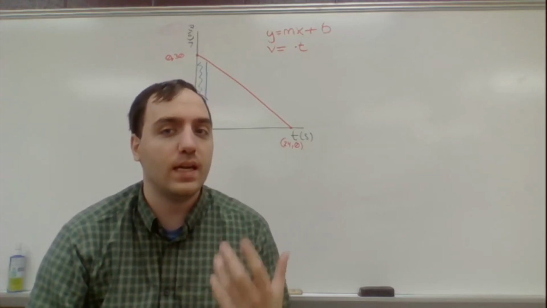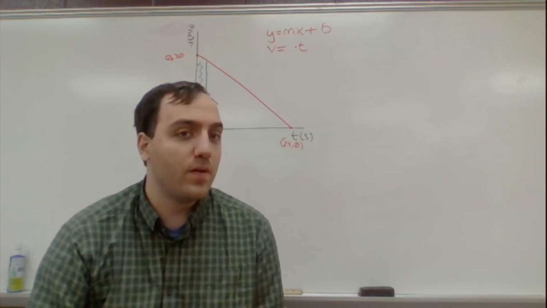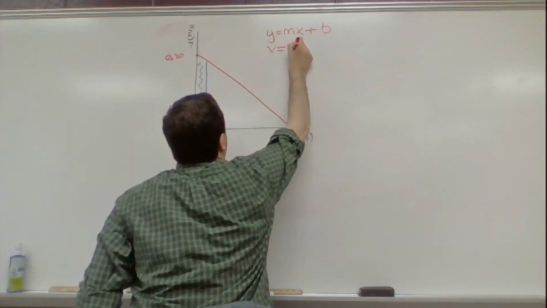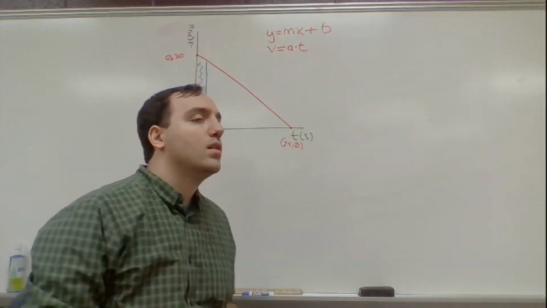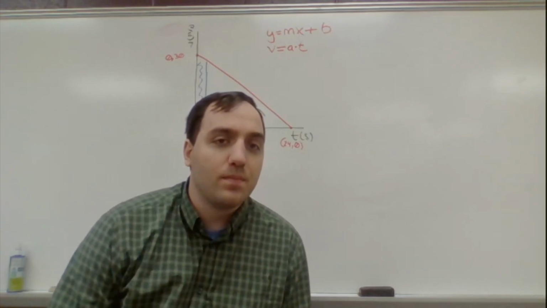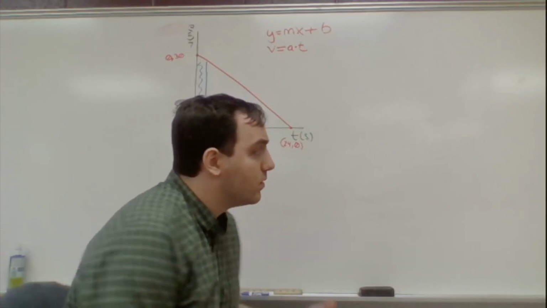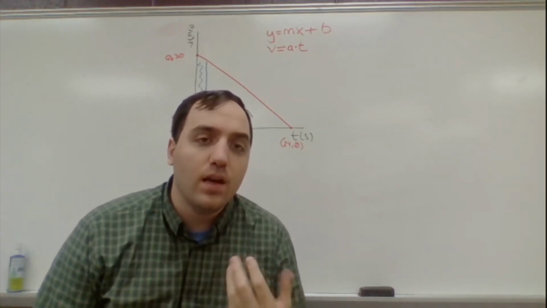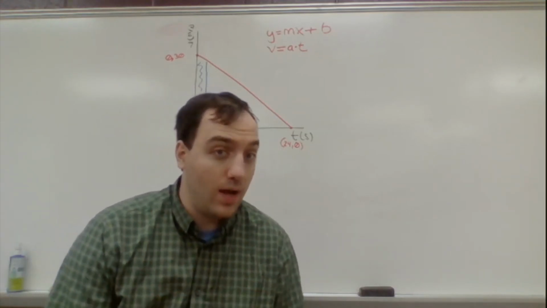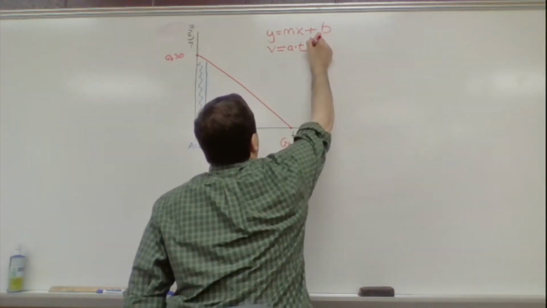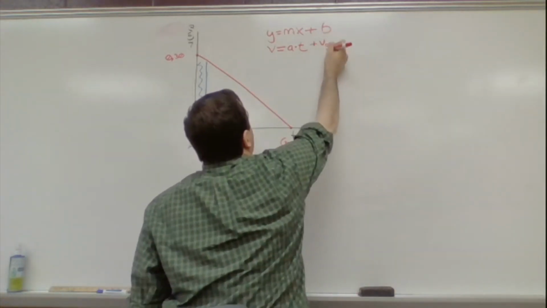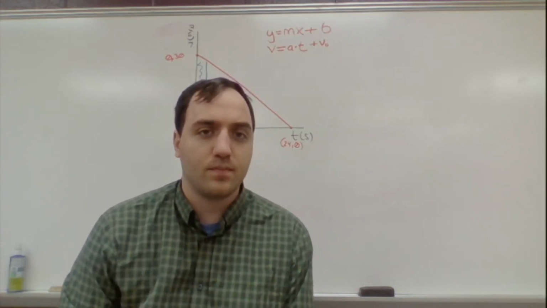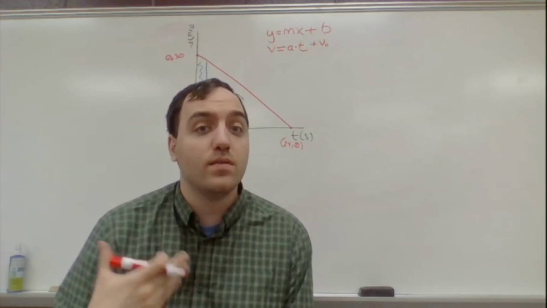The slope of a velocity-time graph is our acceleration, which leaves my y-intercept, b. Well, at time 0, what's going on? We say that's my initial velocity, or how fast I'm going originally. In this case, v naught.